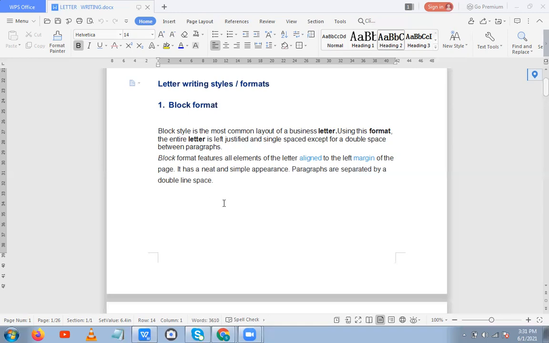Block format features all elements of the letter aligned to the left margin. It has a neat and simple appearance. Why is it very popular and common? Because it is neat and simple. Paragraphs are separated by double space lines.